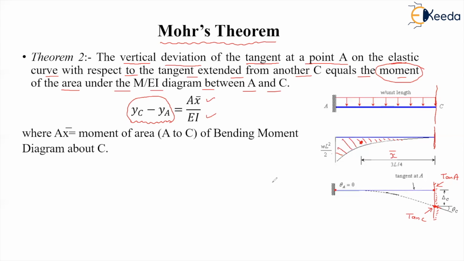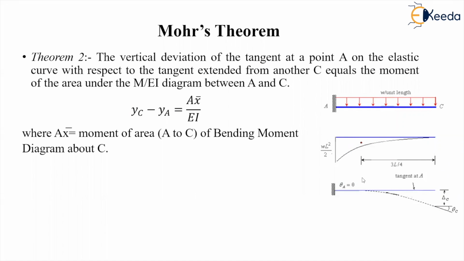In another sense, suppose I want to choose other points, say B and D, and I will show it by the diagram. I take the same reference line which I have chosen earlier, and I want to find the deformation.